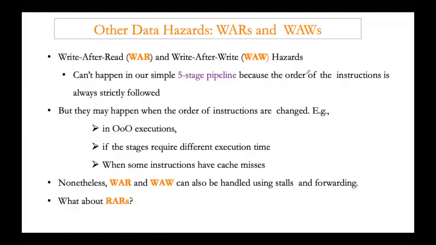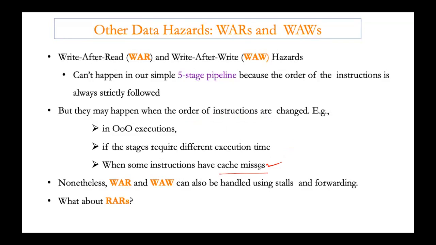The other data hazards, like write after read and write after write, can't happen in your 5-stage pipelining because the order of the instructions is always strictly followed. But they may happen when the order of instructions is changed, like in out of order execution, or if the stages require different execution times, and when some instructions have cache misses.